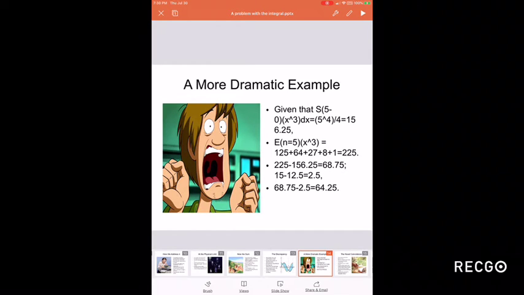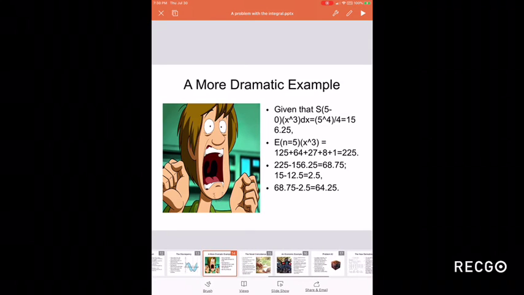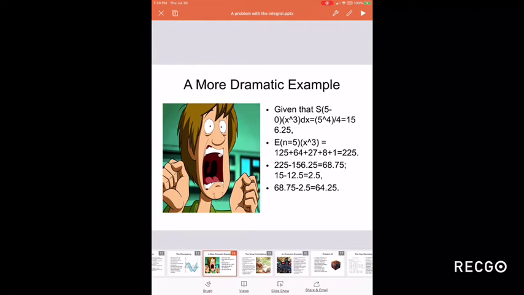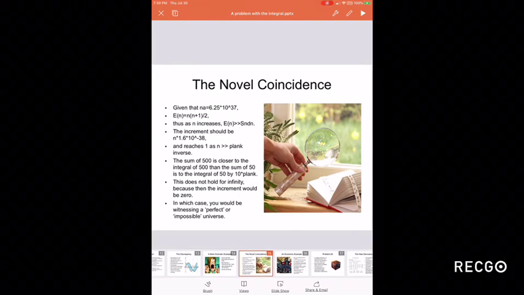The difference by themselves is 2.5, but when cubed it's 64.5. The example problem increases exponentially with the exponent. A novel coincidence: given that n is Planck inverse, the sum holds. Thus, as n increases, the sum approaches the integral.